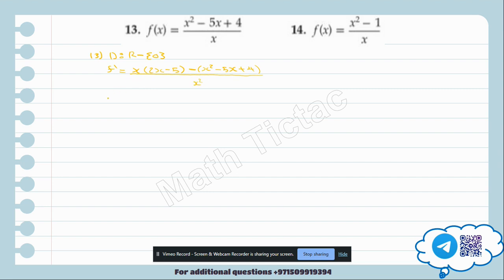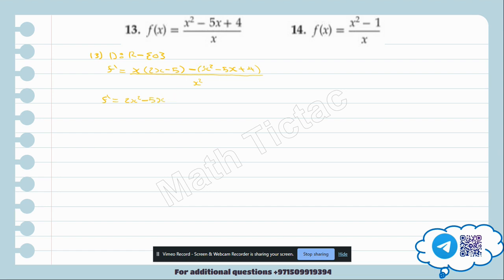Okay, now we can simplify it. f prime is equal to x multiplied by 2x, which is 2x squared, then x multiplied by minus 5, which is minus 5x.